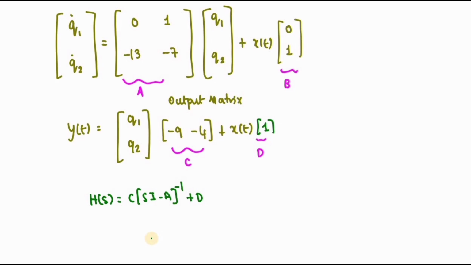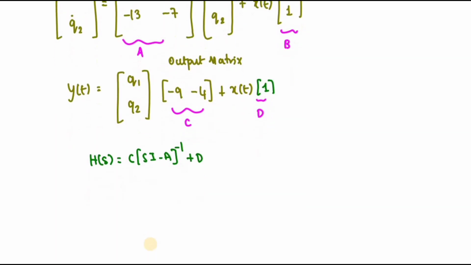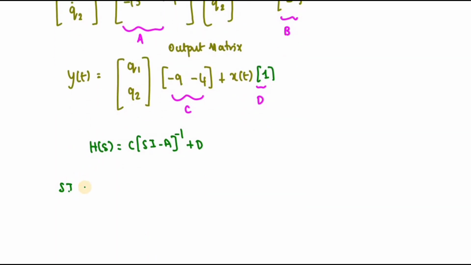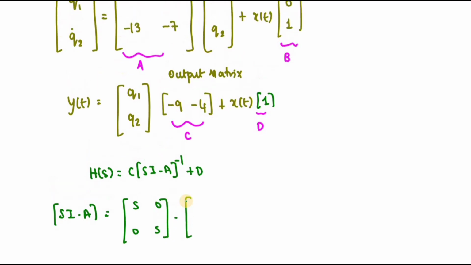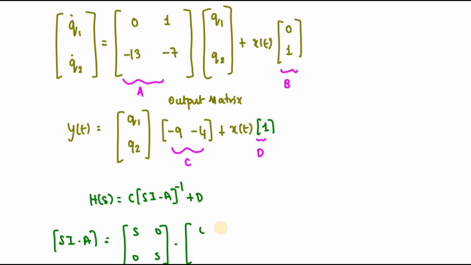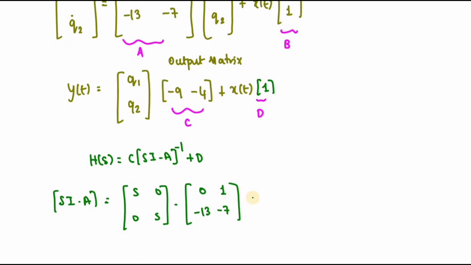So first let us find out the sI minus A. A value is they have given it as 0, 1, minus 13 and minus 7. This is A.